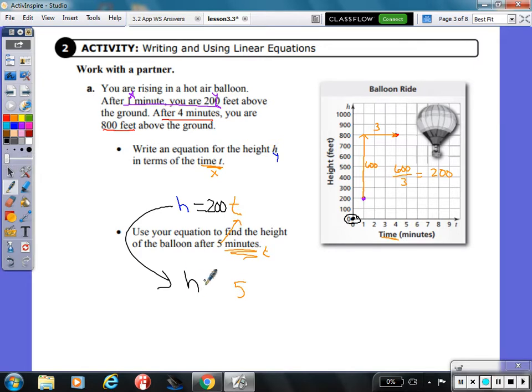So it'll be h equals 200 times that 5, the time. Well, 5 times 200 is 1,000, and that is in feet. So after 5 minutes, you are 1,000 feet in the air.